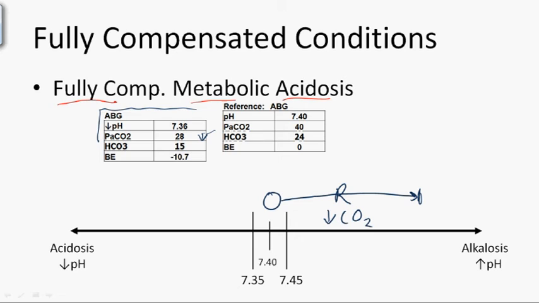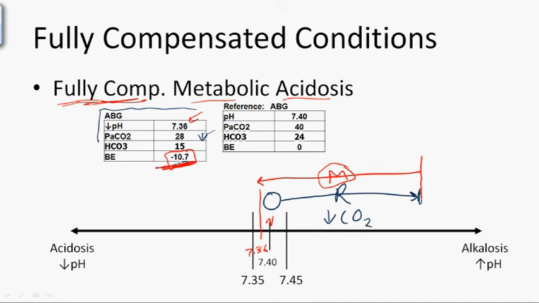And then I look at my metabolic components. Let's change our pen color here. And I've got a negative base excess. All right, and I've got a normal pH. That's why I know it's fully compensated. I should be alkalotic because of my respiratory condition, but I'm not, because I've still got this pH in the normal range from my metabolic condition.